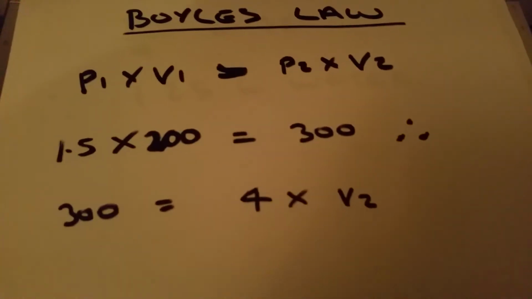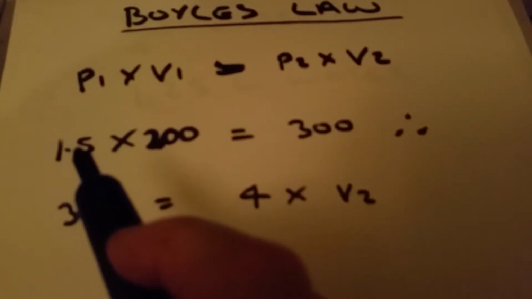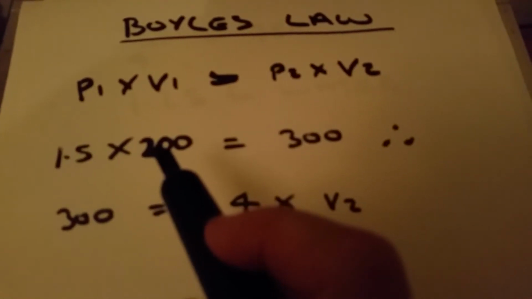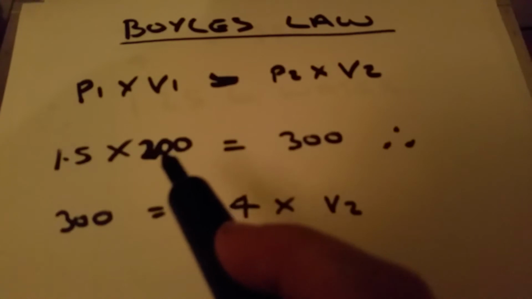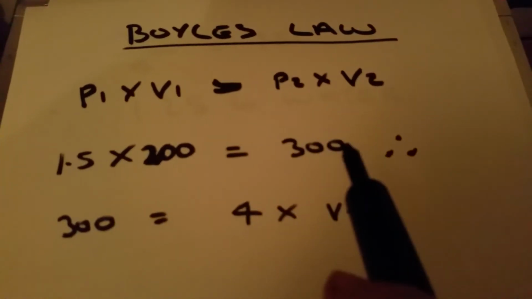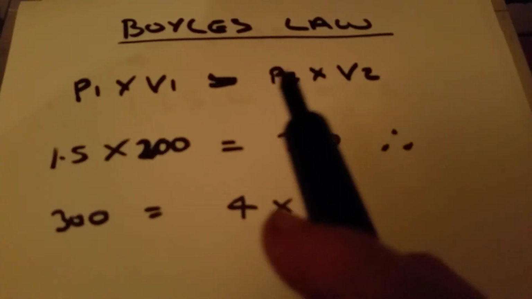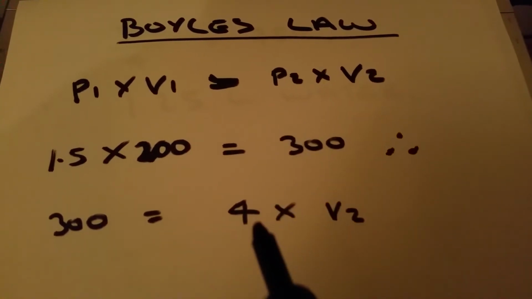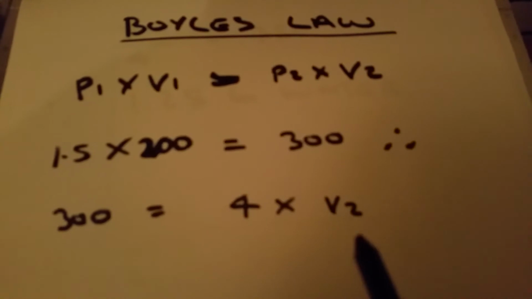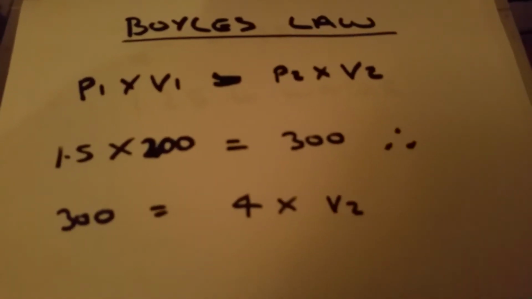So just to work through an example, if we take a pre-charge in the membrane of 1.5 bar, multiply that by the volume of the vessel, and I've decided to go for a 200 litre vessel, we'll get a value of 300. Therefore, 300 will also equal P2 times V2. In my example, I want to use 4 bar, and that'll be times the volume 2. When we're looking at volume 2 here, we're talking about the air volume, not the water volume.